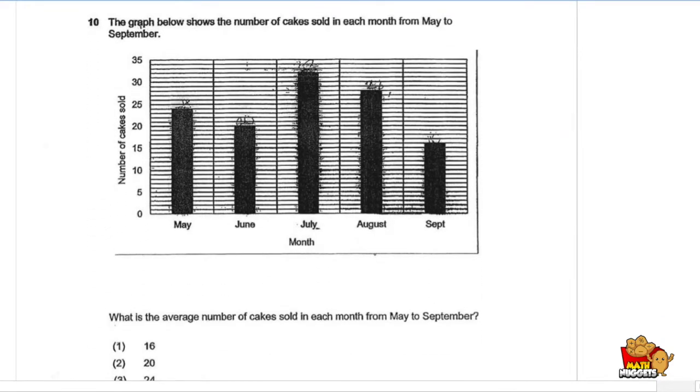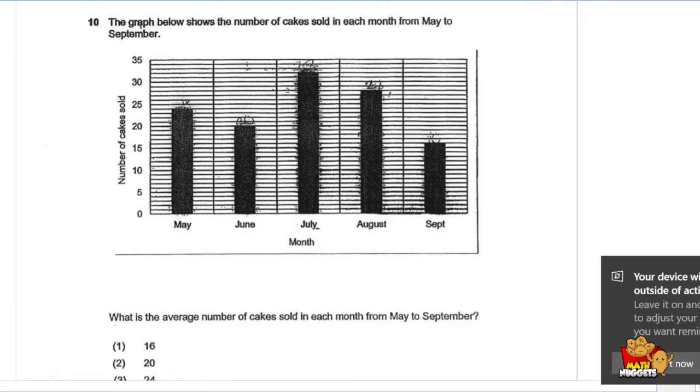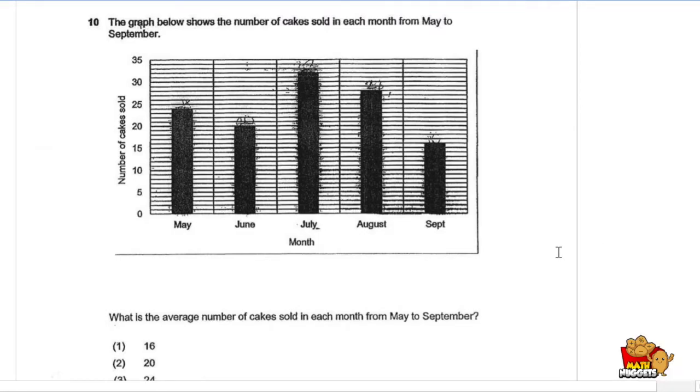Question 10. The graph shows the number of cakes sold each month from May to September. They want us to find the average from May to September. So basically what we need to do is to just write down the readings. So let's check. 1, 2, 3, 4, 5.